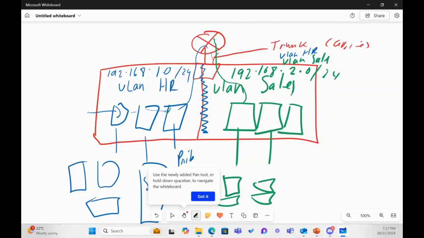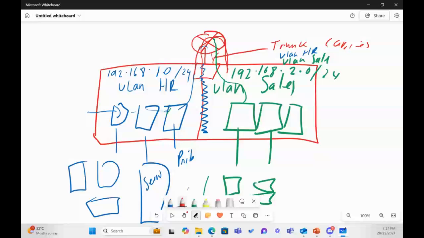Unless they somehow manipulate the traffic that goes through the trunk. If they can do that, then they are performing a VLAN hopping attack. Okay, it's very hard to pull off, but it can be done. That's a VLAN hopping attack.